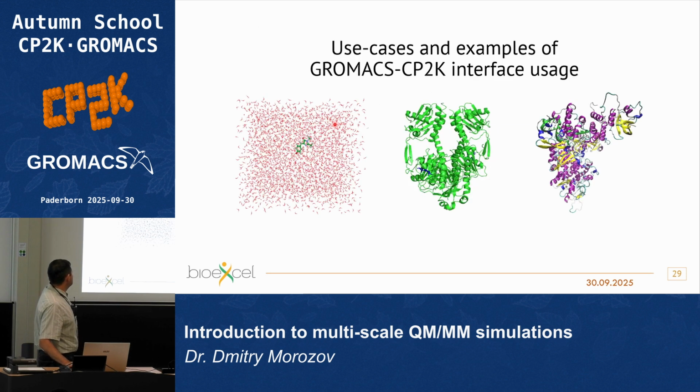Okay, then are there some questions about how the interface is working? You don't need, if you do QMMM, the force field parameters for the atoms that are fully inside your QM system, but you do need them for the ones bonded to your MM system. Yes, you still need bonded parameters.